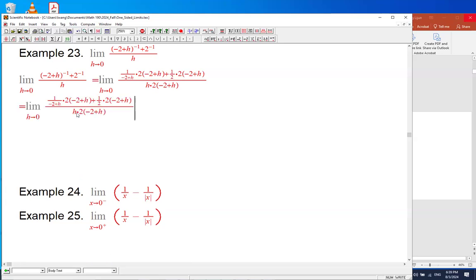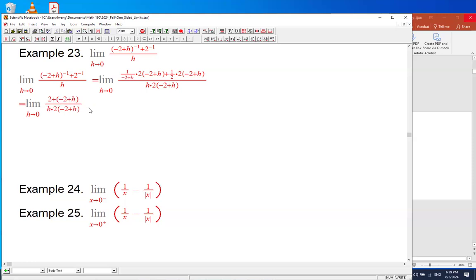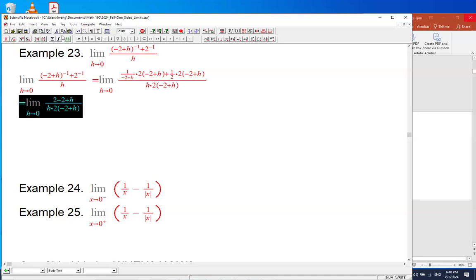In fact, you can work on that. So this piece is going to reduce with that. We have 2, and half times 2 is 1. So you open parentheses, we got 2 minus 2 plus h. And almost there, because this has h left, h and h reduced.